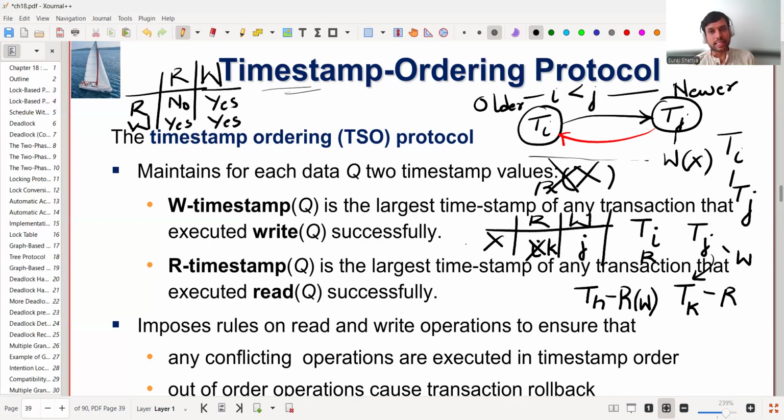So now there is an edge, a red colored edge from K to H, and this is not allowed. This is what we'll be checking, and the check is very simple. If this timestamp is older than whatever has been read or written, that's all we need to check.